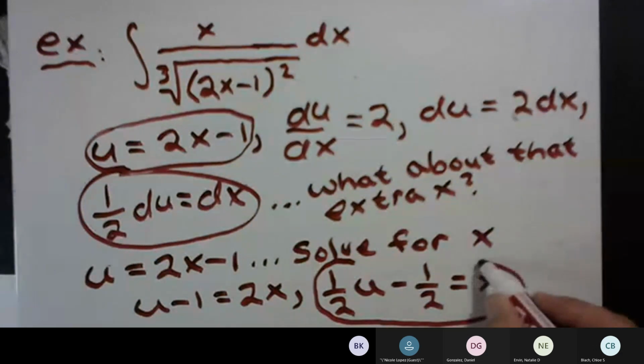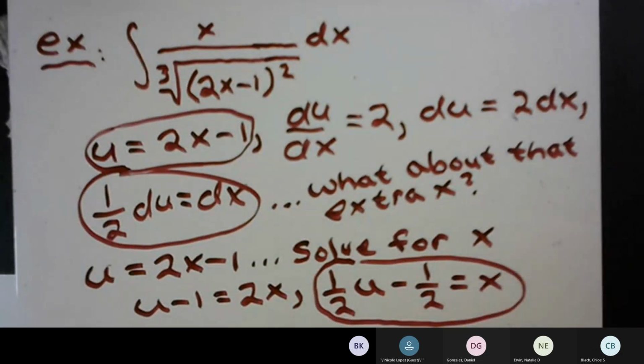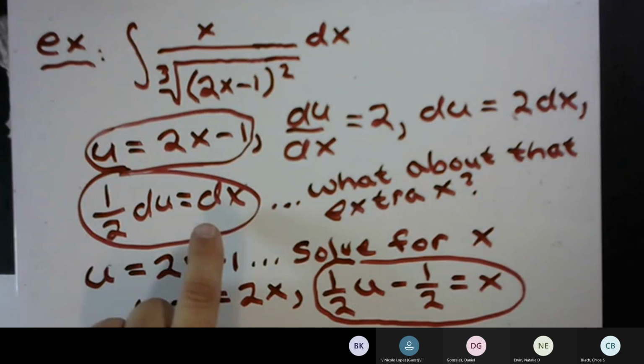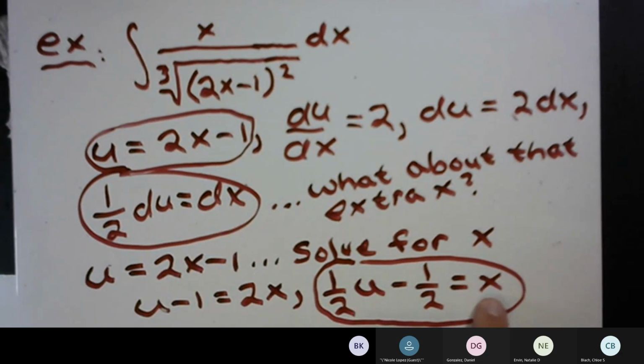So in this type of scenario, we have to make 3 substitutions. We have to substitute for the u, substitute to get rid of dx, and then substitute to get rid of x.